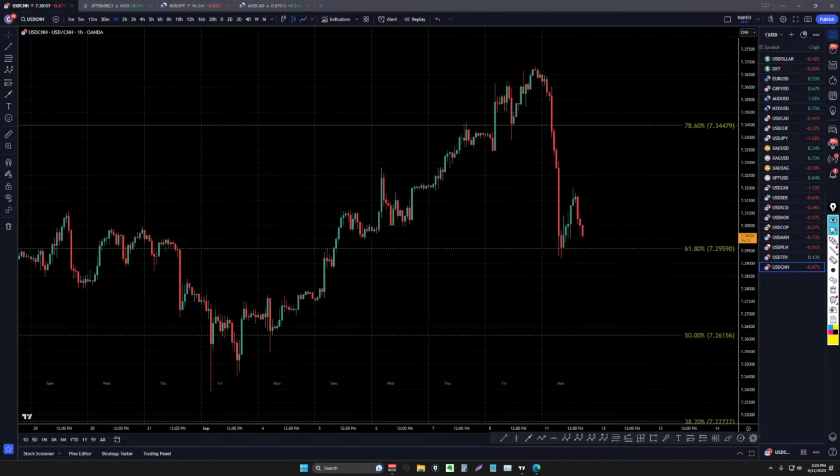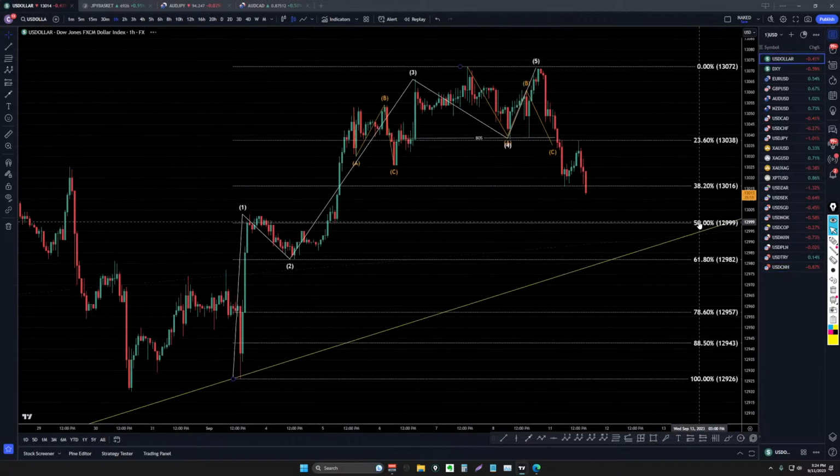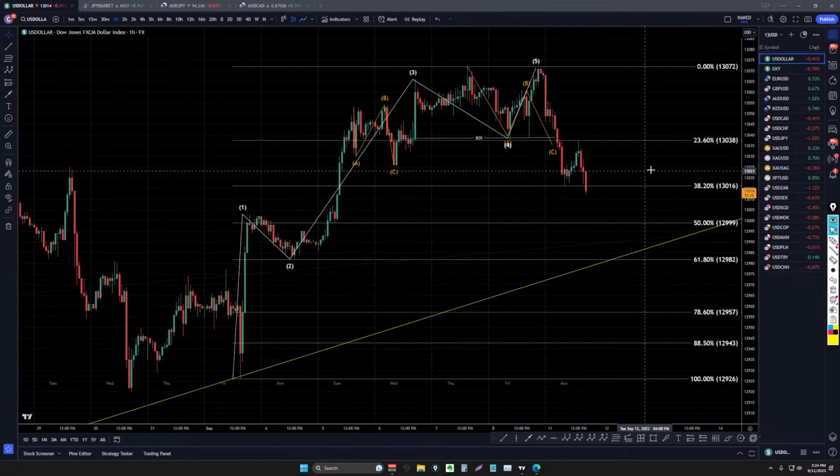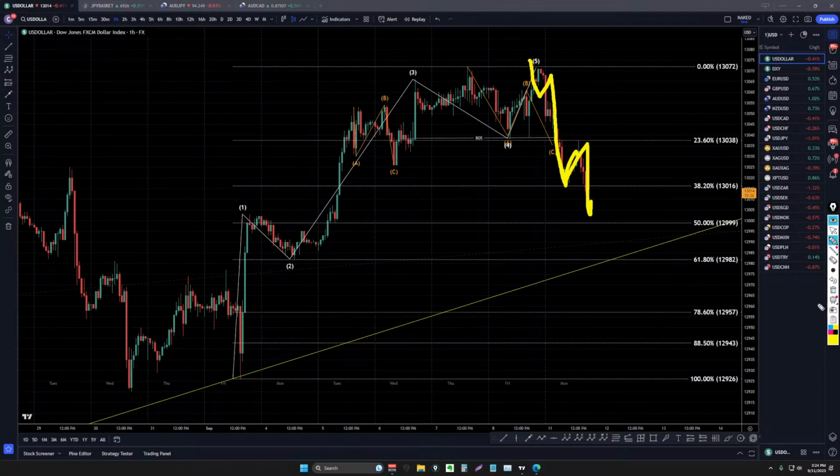So let's see if that's what happens. Boy, it definitely looks like it's a wave 3. Look at the dollar. Yeah, that's a wave 3. 1, 2, 3, 4, 5 of A. That is a wave 3, isn't it? I was wondering about that because for this to be a 4, 5, we would have to see a 1, 2 that was roughly the same size as a wave 4.